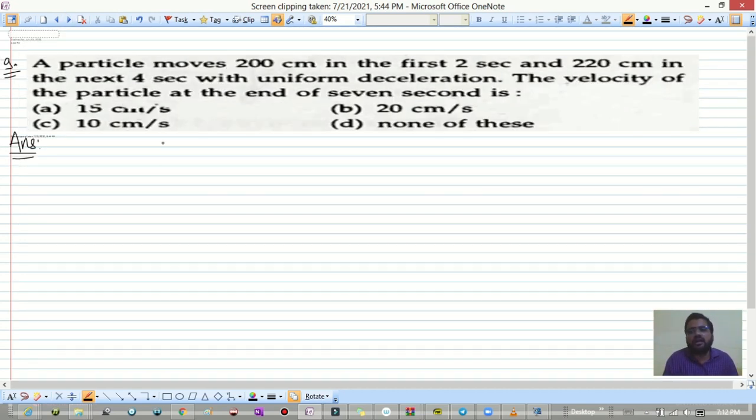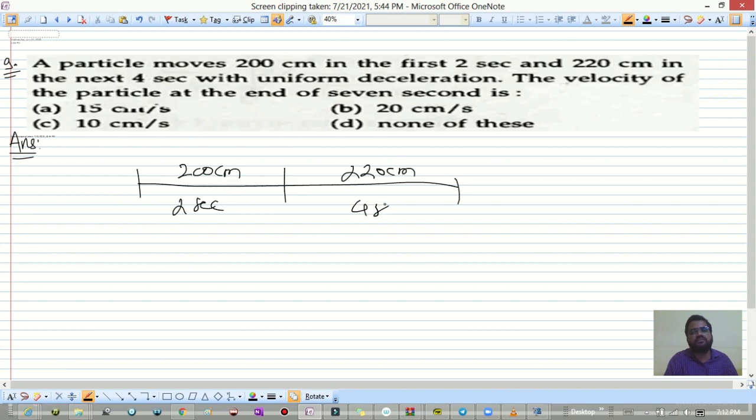9th one, a particle moves 200 centimeter in the first 2 seconds, 220 centimeter in the next 4 seconds with uniform acceleration. Over here the same thing, acceleration, deceleration, same thing. You have to consider s is equal to ut plus half at squared for first 2 seconds and next 6 seconds.